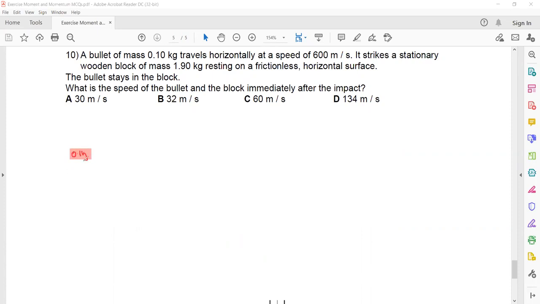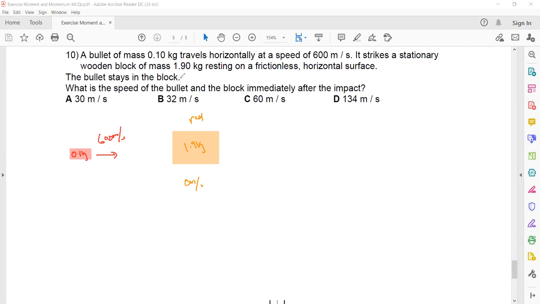You have a 0.1 kilogram bullet which is moving with 600 meter per second, and it strikes a stationary wooden block. So there's a block of wood which has a mass of 1.9 kg, and it is at rest, not moving. So its speed is 0.